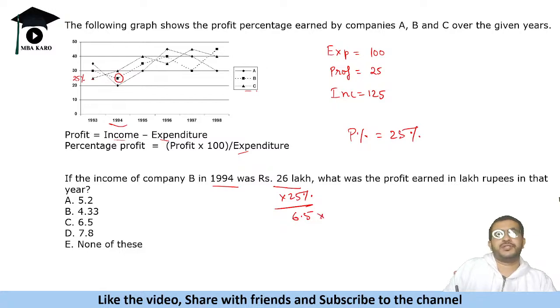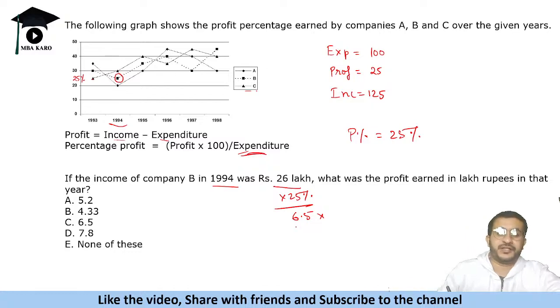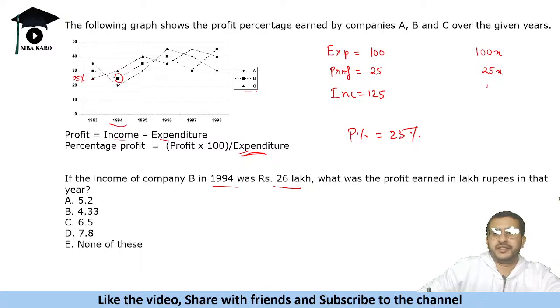Okay, because profit is not a percentage of the income. ठीक है, income का percentage नहीं है, it is a percentage of expenditure. We are dividing by expenditure to get it right. So if the expenditure is 100x, then the profit is 25x, income is 125x. So 125x is given, we need to find profit, we need to find 25x.